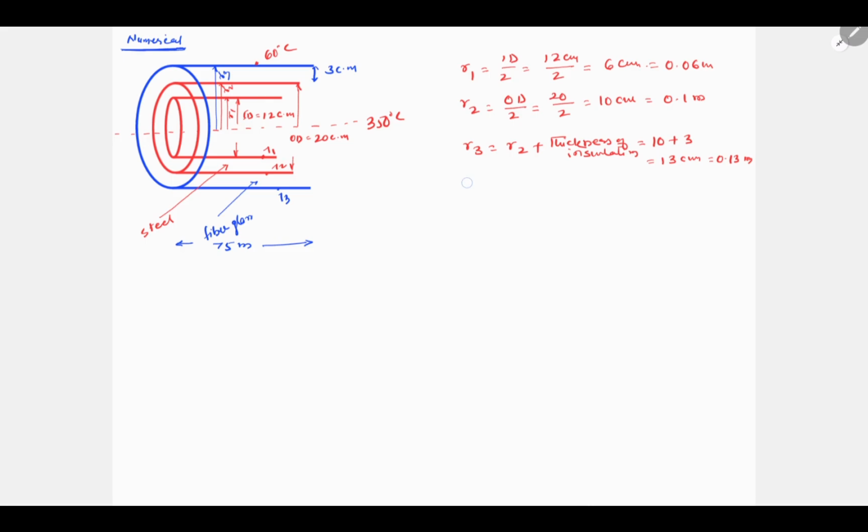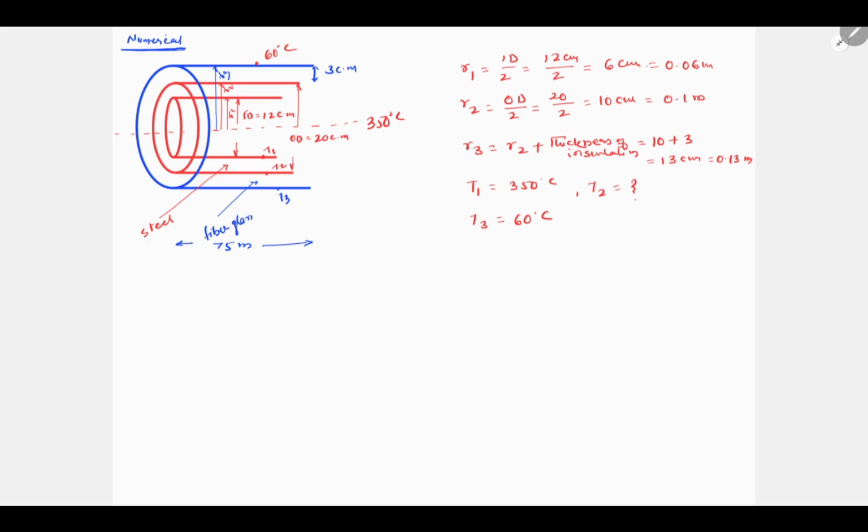Then inside temperature is known to you, that is T1, 350 degree. T2 is not known to you, and T3, the outside temperature, is 60 degrees centigrade.